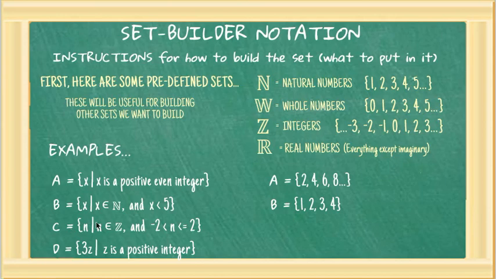Okay, C. I can use any letter I want, so I'm going to switch to N here. All N's such that the following is true. N is an element of the Z or the integers, so it has to fit into this grouping called integers, and it also has to be between -2 and 2. Now let's look a little closer. N has to be greater than -2. So it can't land right on -2. So it has to start up here with -1 is the lowest it can go.